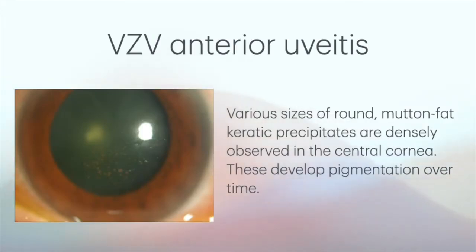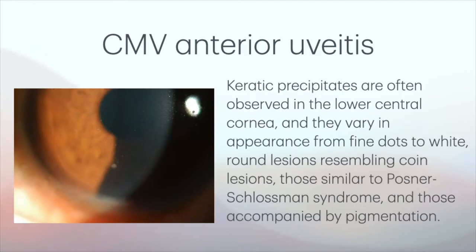These develop pigmentation over time. On the other hand, in CMV anterior uveitis, keratic precipitates are often observed in the lower central cornea, and they vary in appearance from fine dots to white round lesions resembling coin lesions, those similar to Posner-Schlossman syndrome, and those accompanied by pigmentation.